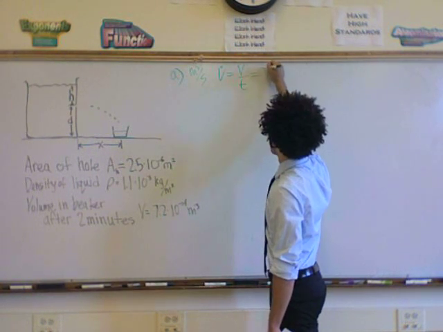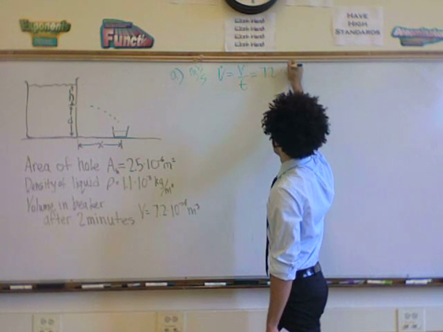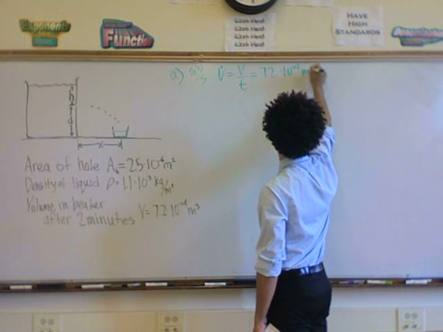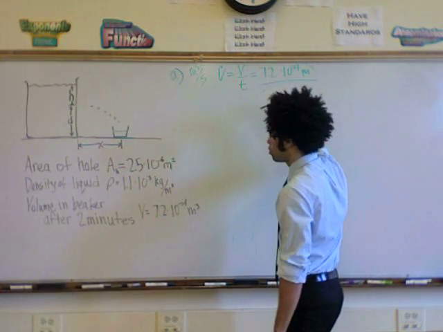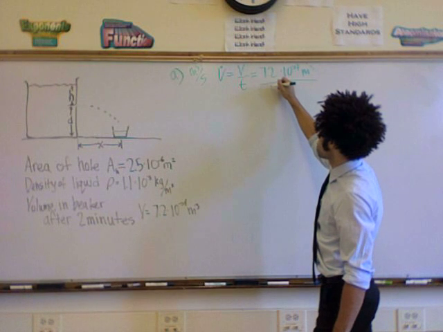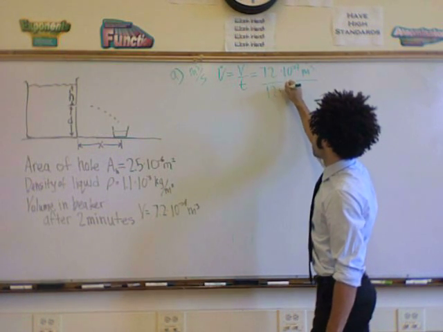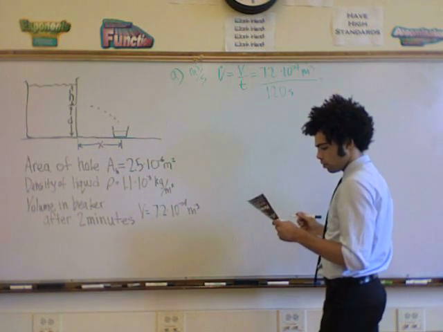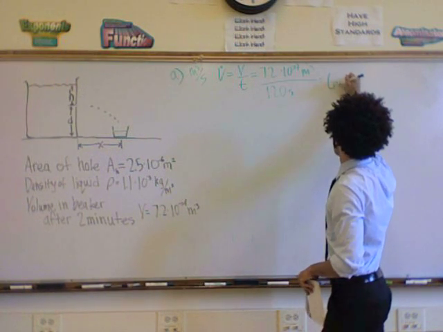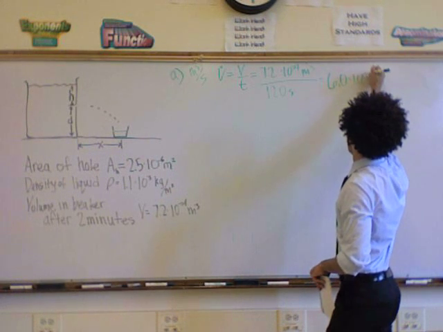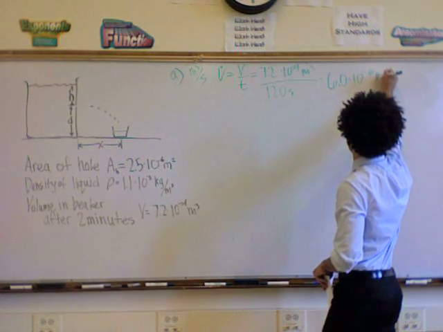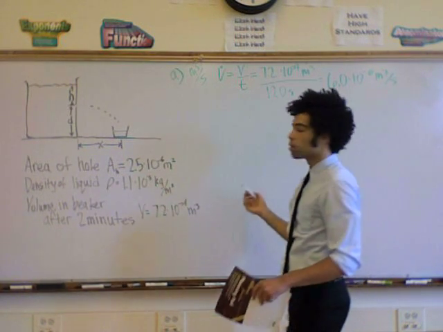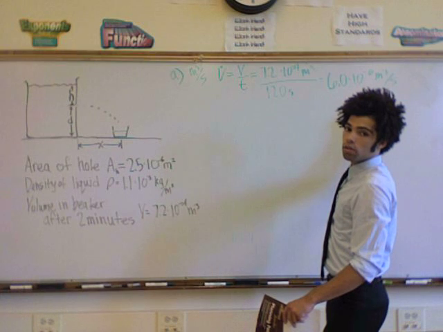Now, plugging in, 7.2 times 10 to the negative 4 meters cubed over 2 minutes, or 120, this needs to be in seconds, so 120 seconds. So plugging this in, we get 6 times 10 to the negative 6 meters cubed per second. Perfect. Make sure you include your units.